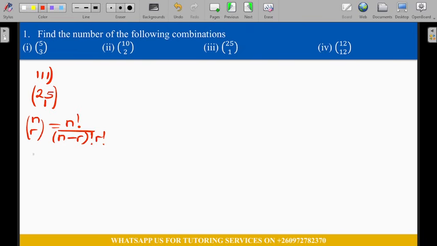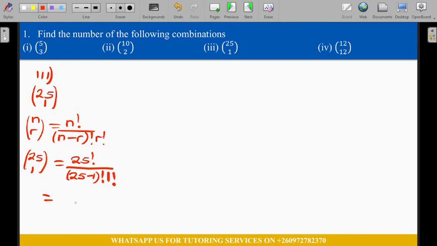So for 25 combine 1, n will be 25. So we have 25 factorial over n minus r, that is 25 minus 1 factorial, then r is 1, so 1 factorial here.